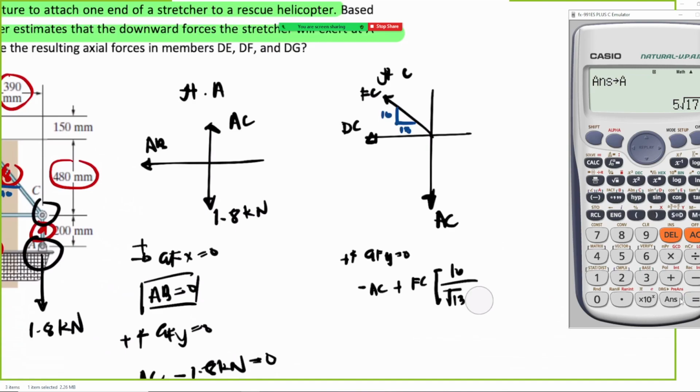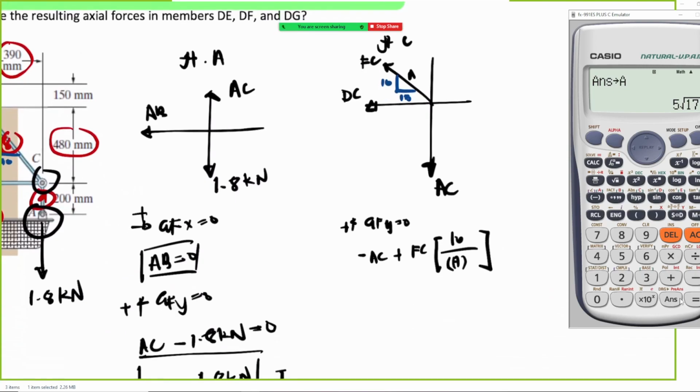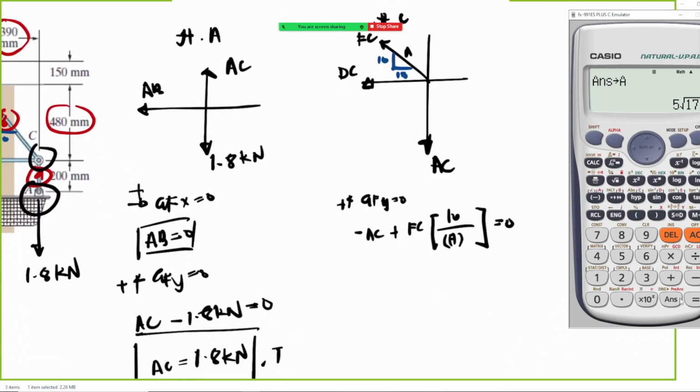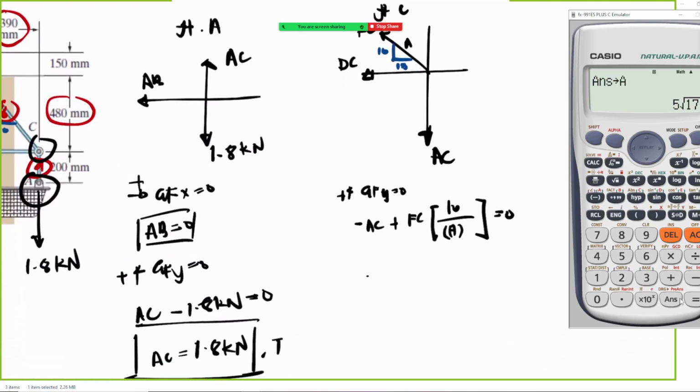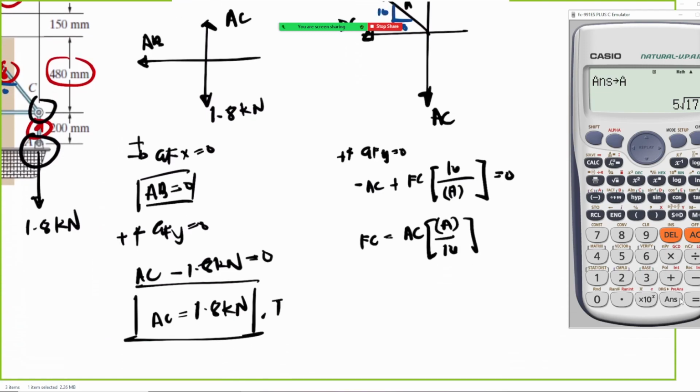So, cancel out na lang natin. So, this one is stored value A. Okay? Is equal to 0. So, FC is equal to AC times stored value A over 16.